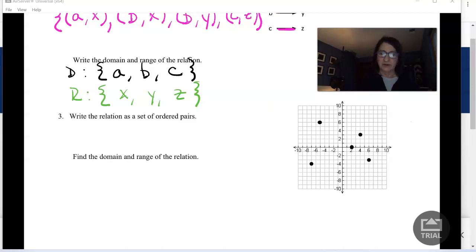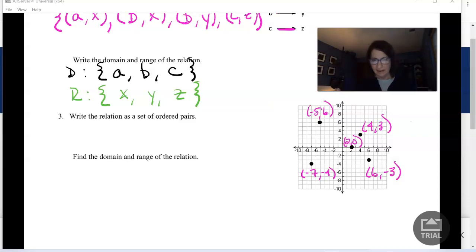So the first thing we're going to do is it would be easiest if we had those ordered pairs identified. So I'm just going to quickly do that. So I've got (-7, -4), (-5, 6), (2, 0), (4, 3), and (6, -3).